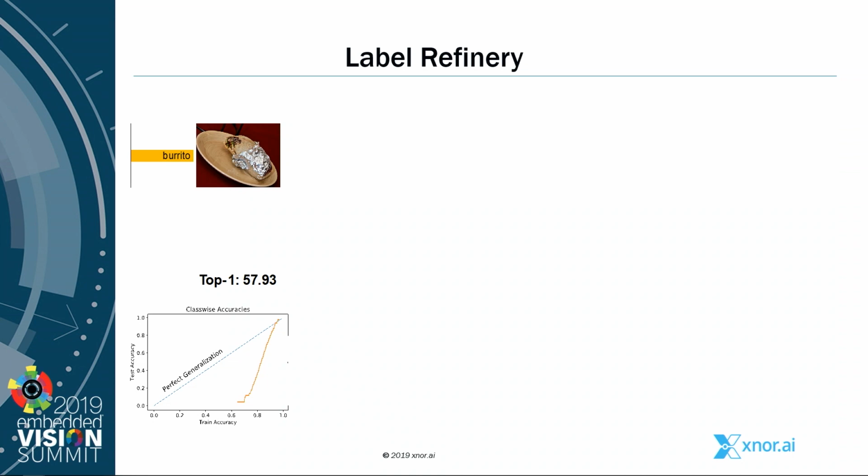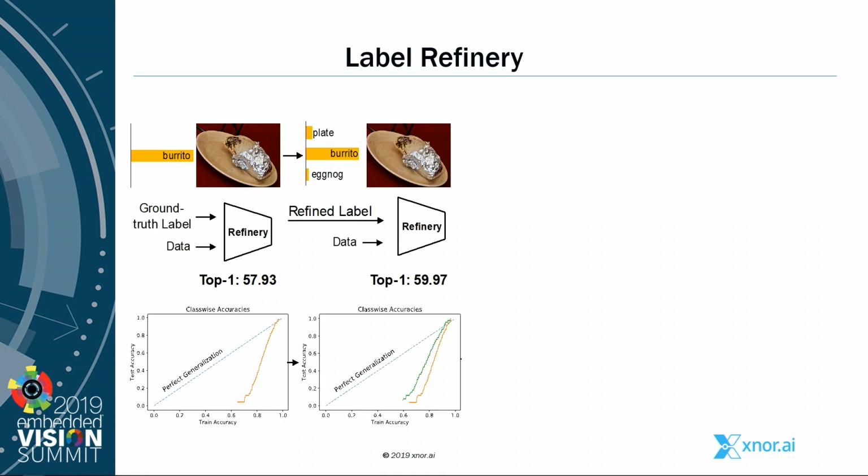If I use the probability output of this AlexNet model as a new label for training another model from scratch, then I can see that the curve is moving toward perfect generalization. These probabilities, if you look at them, have all those things that we need. They are soft, they are informative, and they will change with different crops.